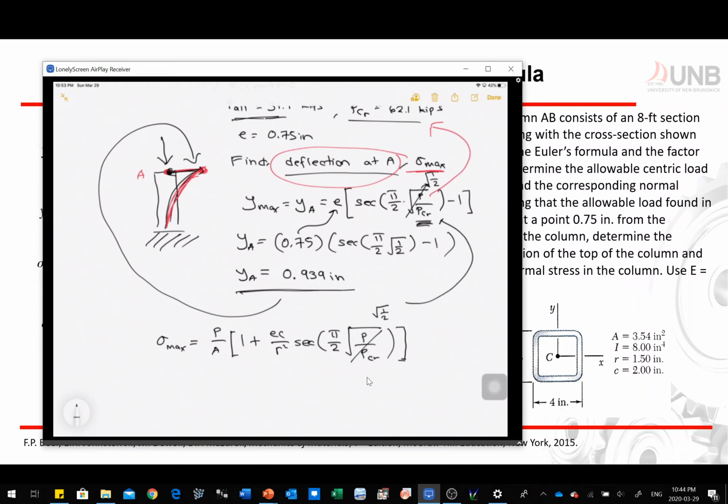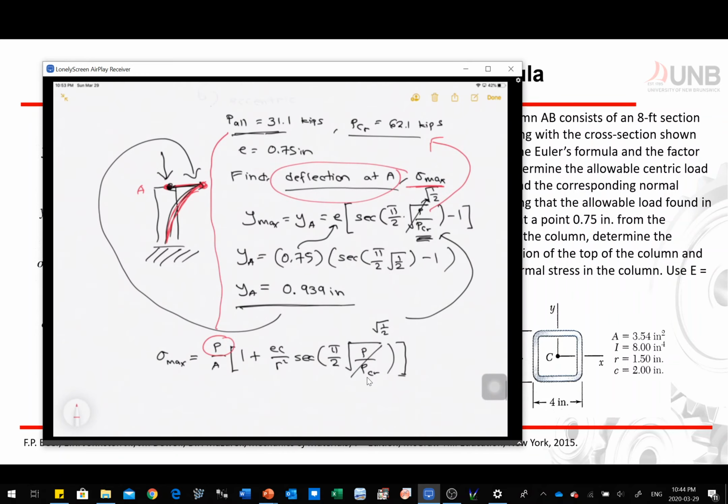We have our P, which is just your P allowable. We know the area. We know the radius of gyration from the given. If you look on the bottom right, we have r equal to 1.5. We also have the c of our section, which is 2. And then we have E, which is 0.75.